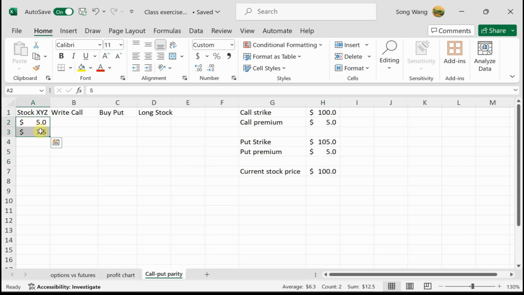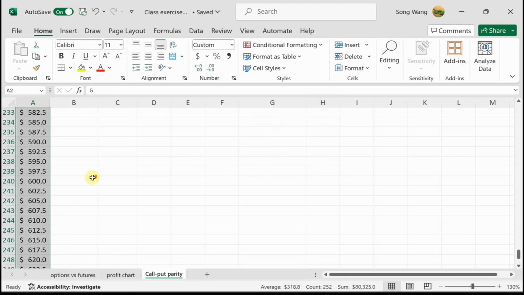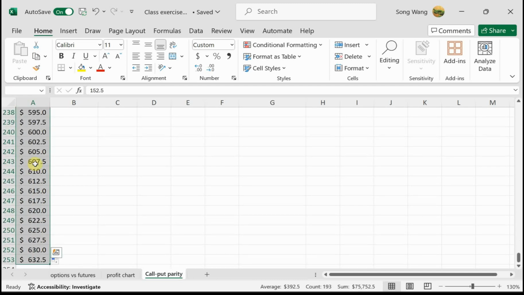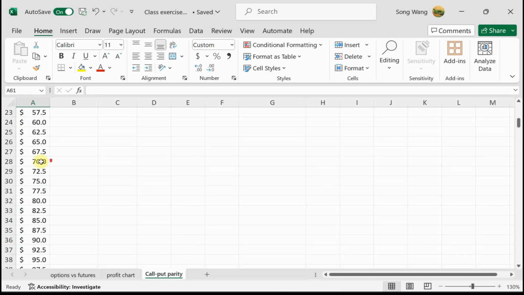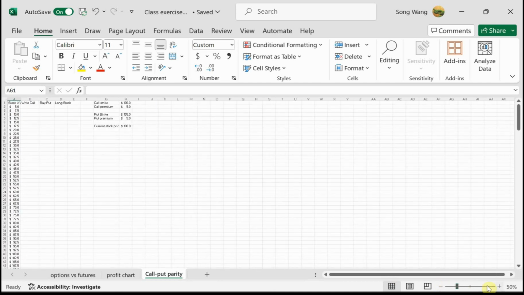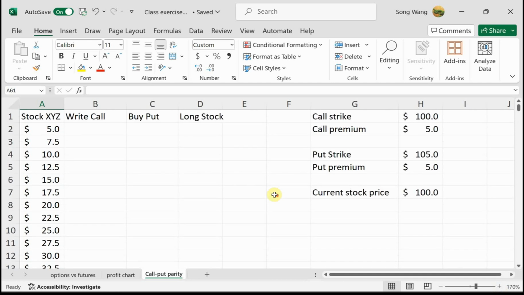Then I will just drag it all the way down until I have a high number, but I don't need 300, so maybe just 150 is good enough. So just generate 60 prices like this, each with a 2.5 increment.